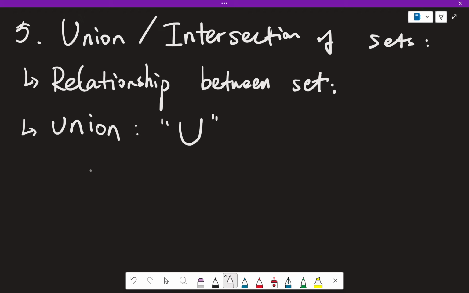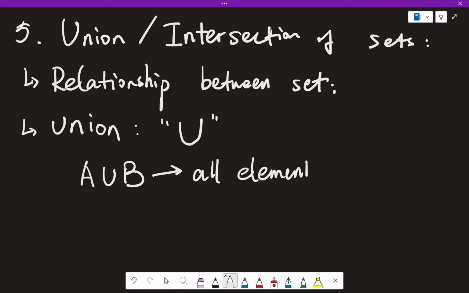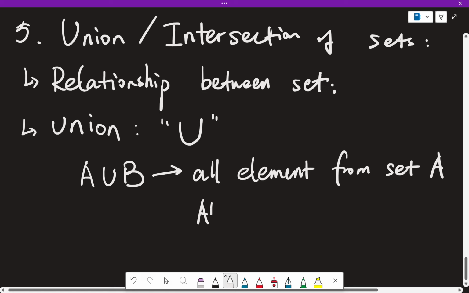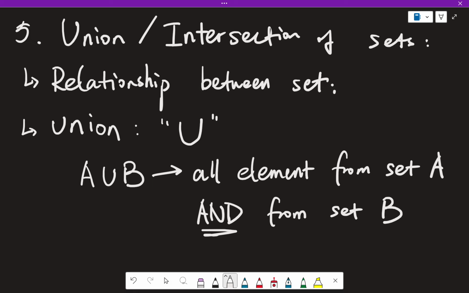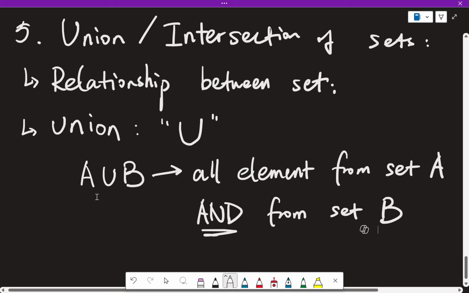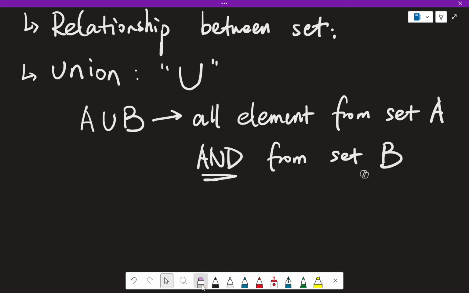Which means if I say set A union B, it means all elements from set A or, and be very careful here, sorry, here it should be or, from set B.